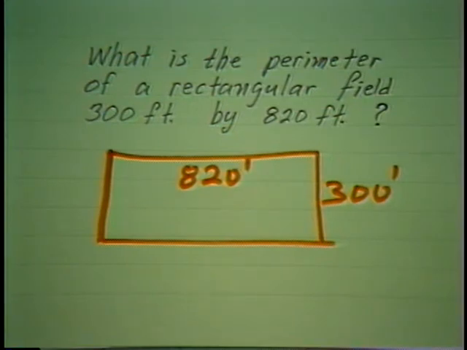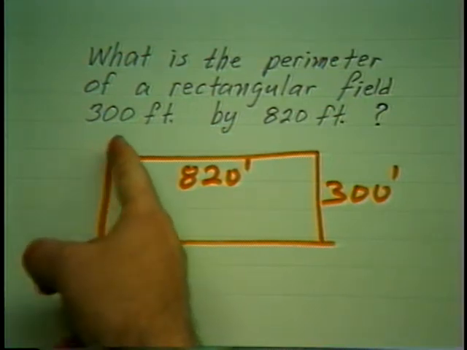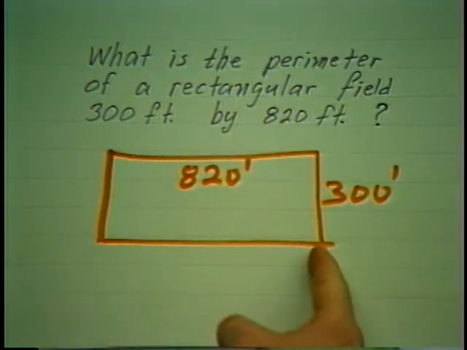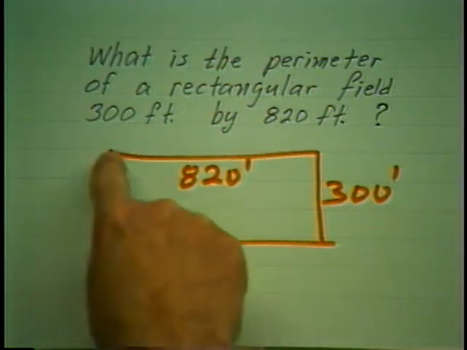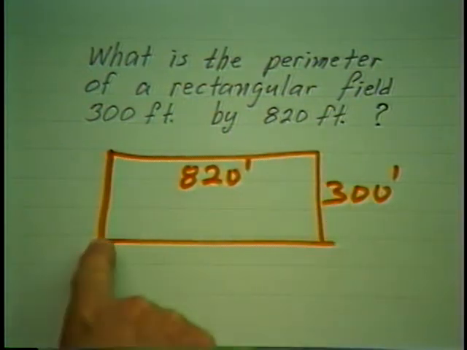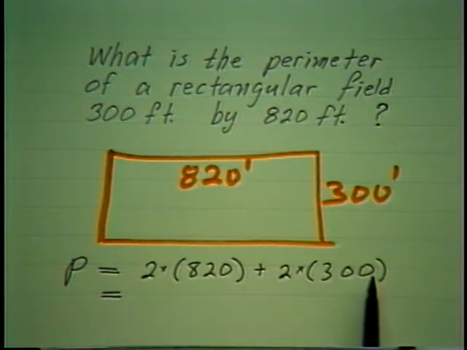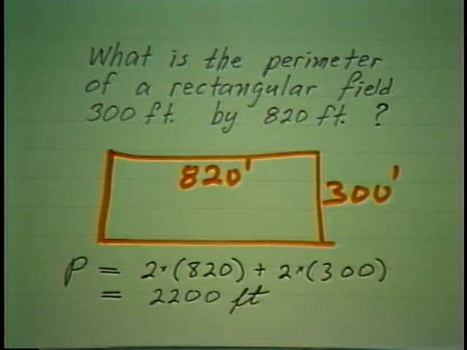Well, it doesn't take too much imagination to realize I've got to double this to get this side and double this to get this side and add them together, or in short, that plus that plus that plus that. And we'd get this, which worked out gives us 2,200 feet.